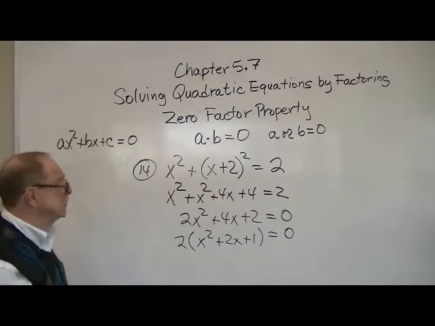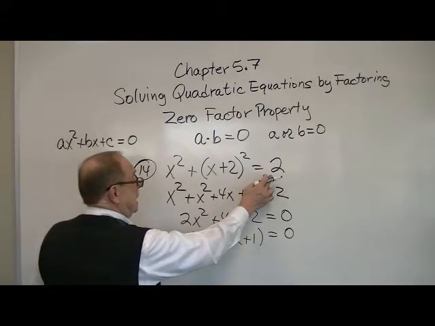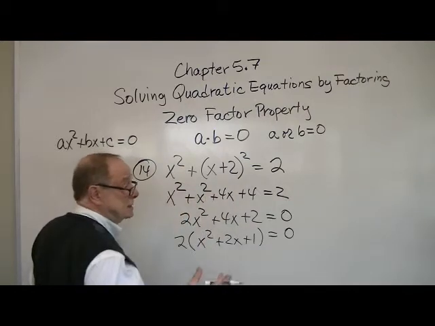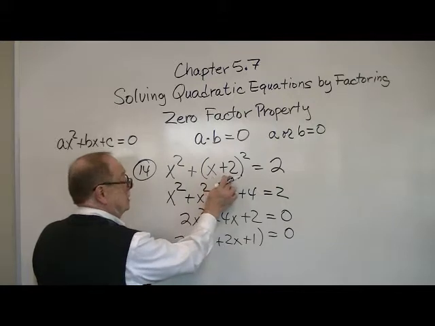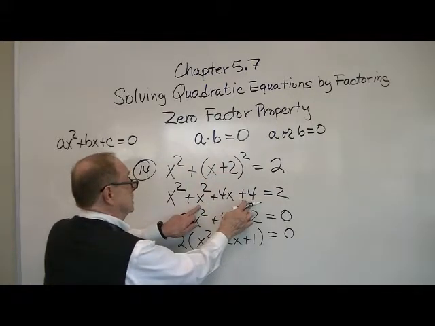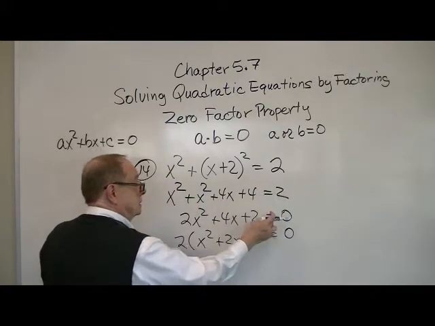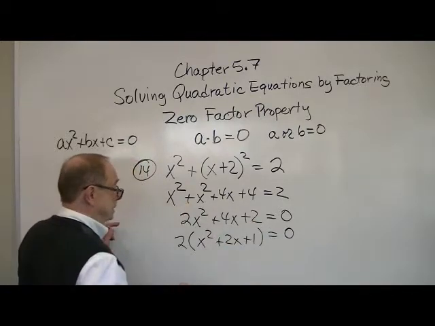And I may be going too fast, so let me slow down and review. This is our original example. We want to put it in standard form. So I expanded that into this. I brought this over, subtracted 2 from that, combined like terms there.